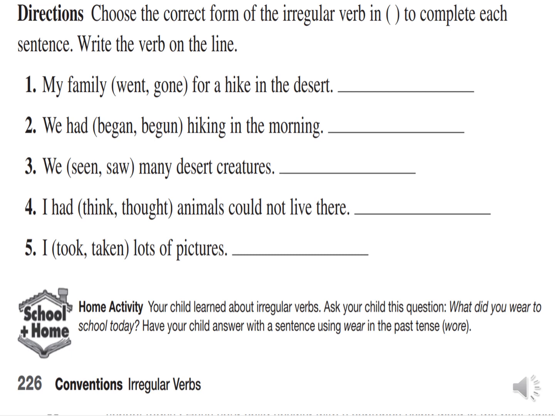We seen or we saw many desert creatures. 4. I had think or thought animals could not live there. 5. I took or I taken lots of pictures. Take your time to answer and I will provide you with the answers later.